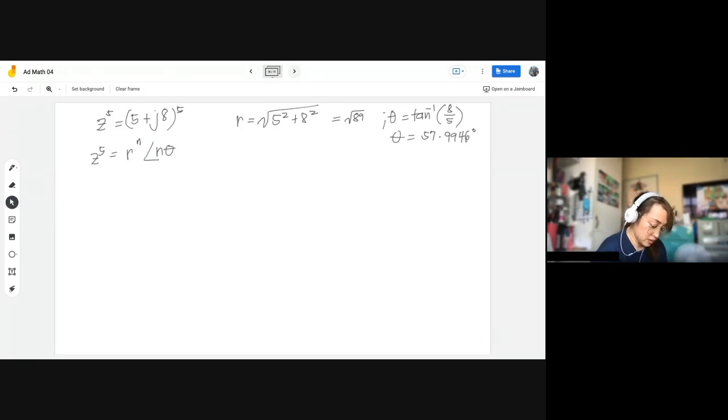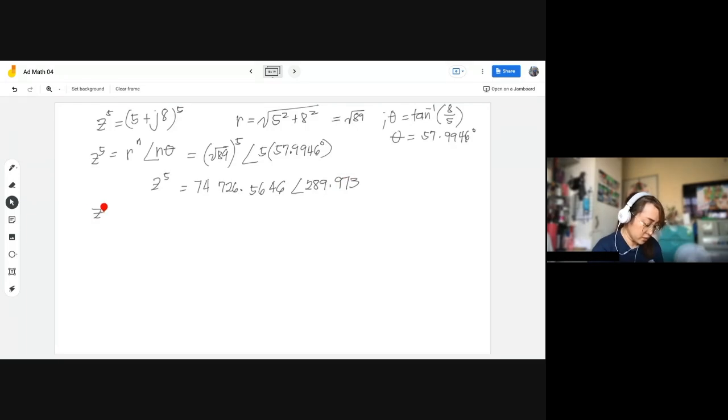So that means square root of 89 to the 5th, angle 5 times 57.9946, that is 74,726.5646, angle 289.973.